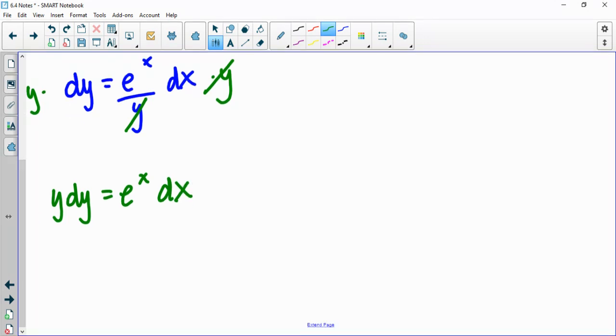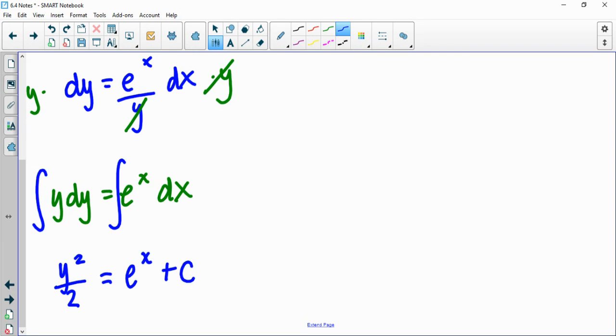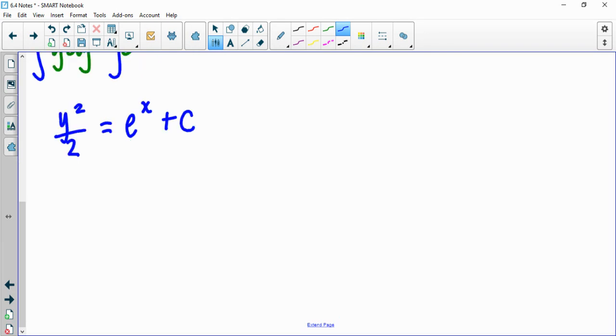And now I'm going to do the integral of both sides. So this will turn into y squared over 2 equals, lucky for us, e to the x is its own derivative and antiderivative. So this is just e to the x plus c. And then since we're solving for y, multiply by 2. So we got y squared equals 2e to the x plus 2c.